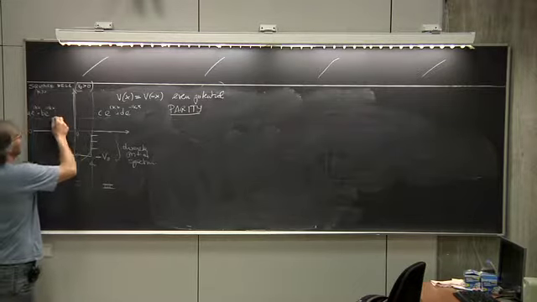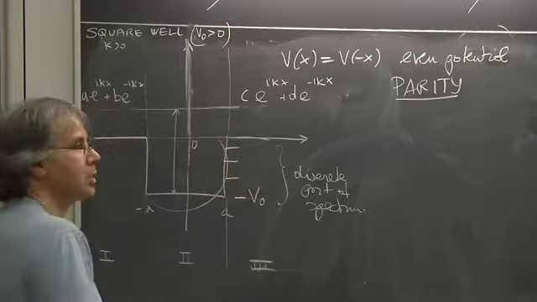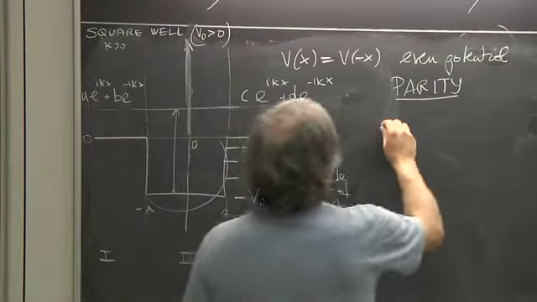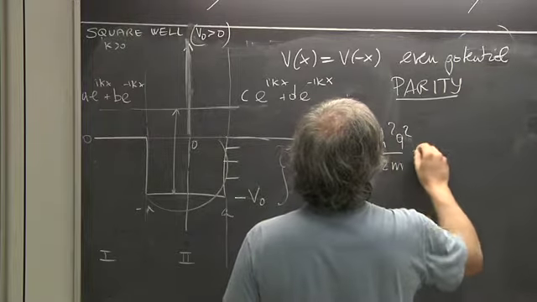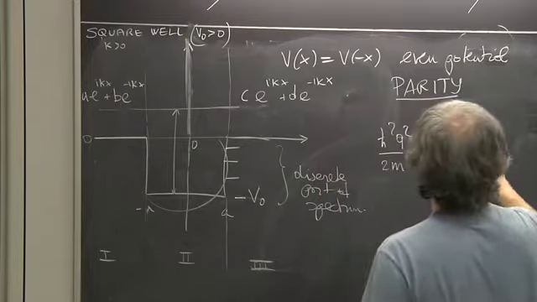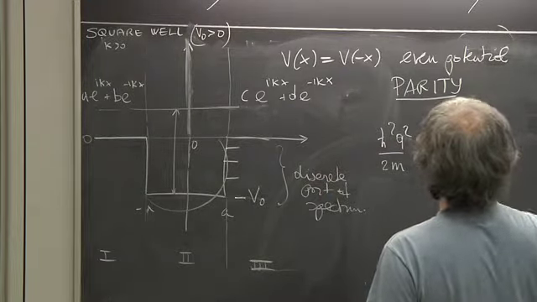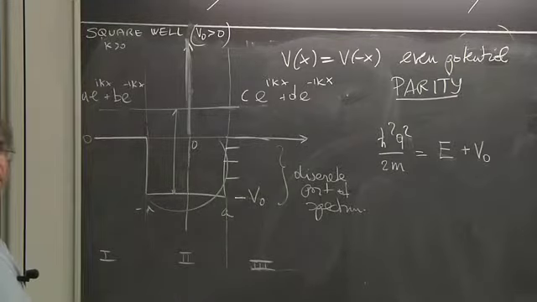Well, for every E, now there is a new wave vector, okay, associated to the fact that h bar squared q squared over 2m is equal to E plus V0. Okay? So you see it's higher energy in some sense.